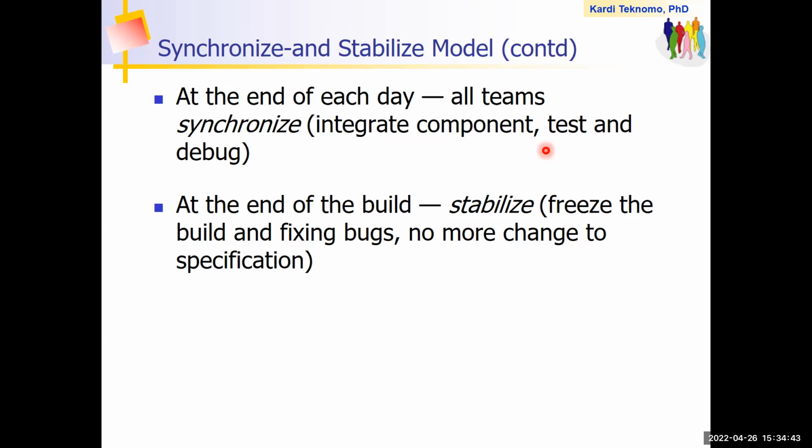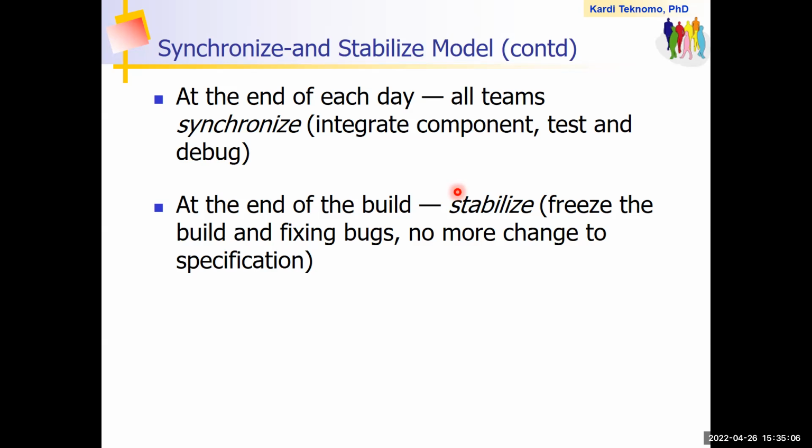So at the end of the build, after they do this every day, say for example every 3 months, they stabilize. That means they already integrate, and then they freeze this build, and they already fix the bugs, and then they say, look, I don't change this anymore.